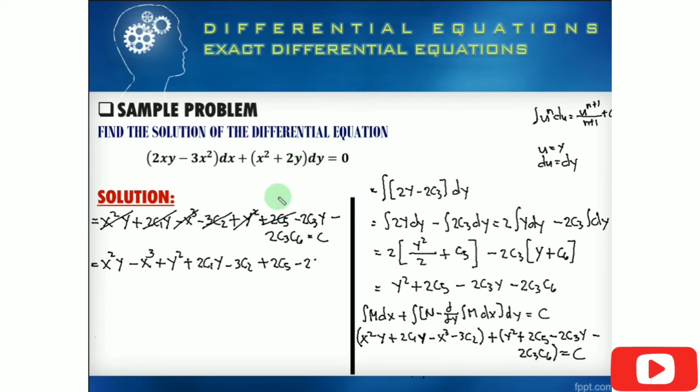okay, so we have 2c3y, okay, we have 2c3, then we have y, then minus we have here 2c3, and we have c6 is equal now to constant, okay, so afterwards we will simplify it more.